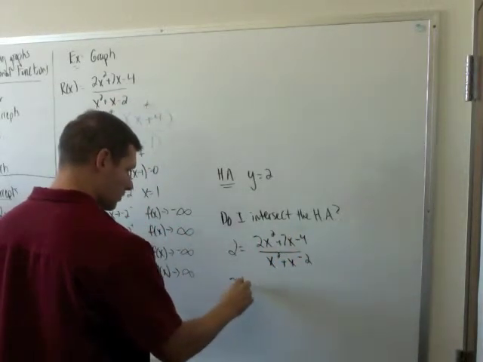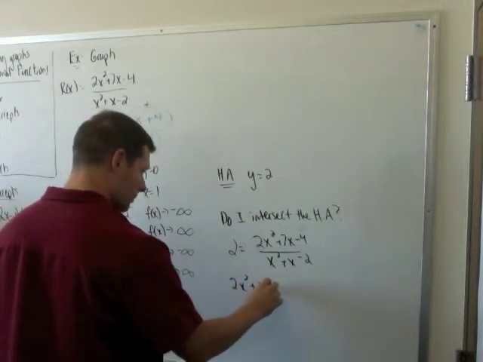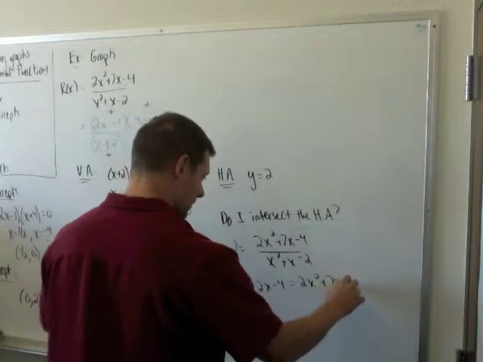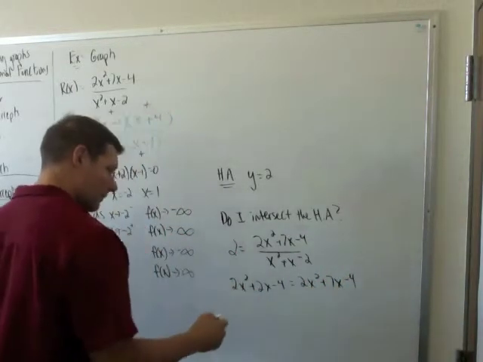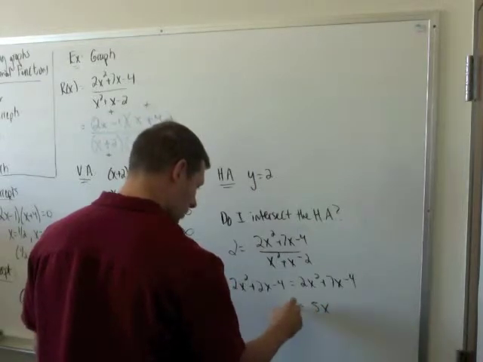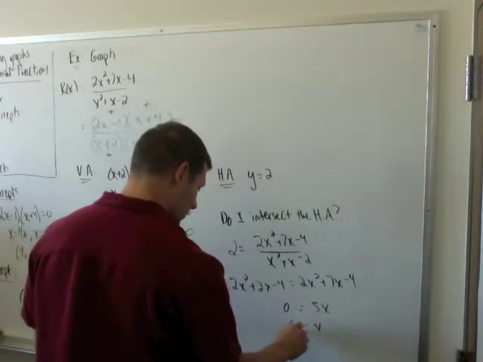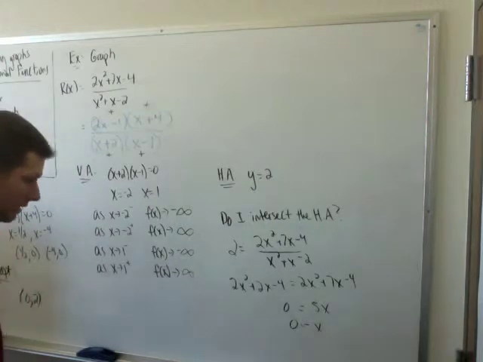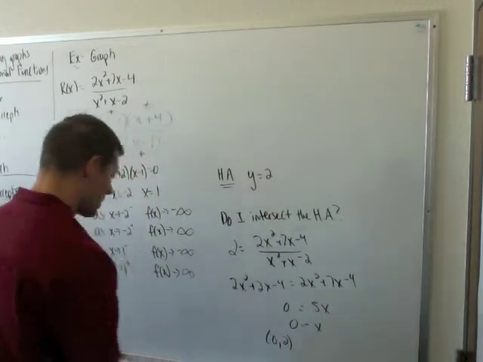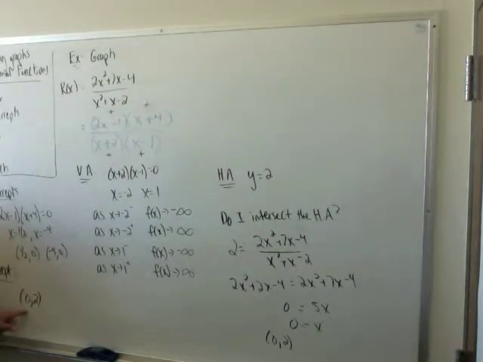Multiply it over and I get 2x squared plus 2x minus 4 equals 2x squared plus 7x minus 4. Subtract 2x squared, subtract it over, I get 5x. Add 4, I get 0. So x equals 0. So I do intersect it at the point (0, 2), which I knew already, didn't I? I knew I hit that 2 value right there.